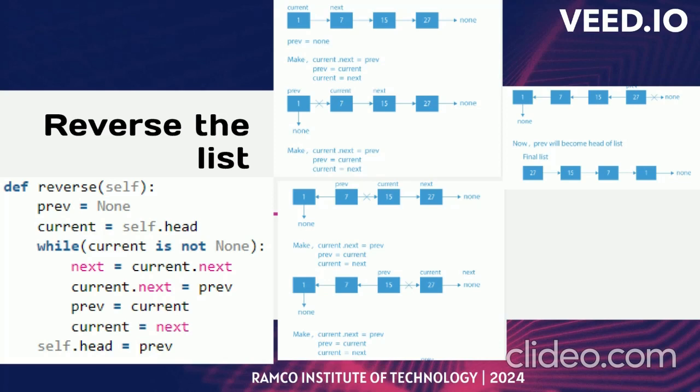Then the third step, previous is equal to current. Initially previous is none, now we are making previous 1. Then current is equal to next. Now current will point to 7.